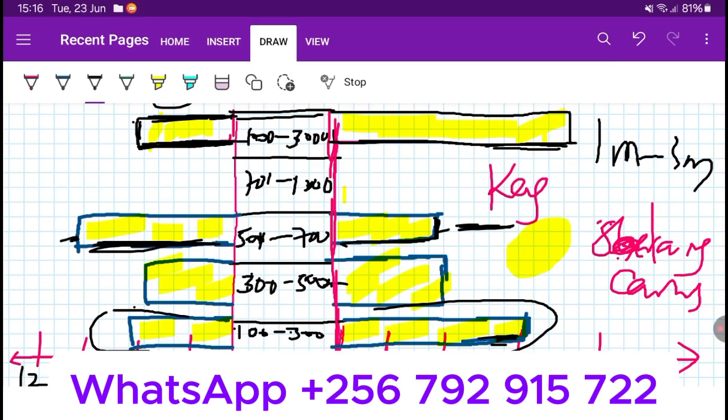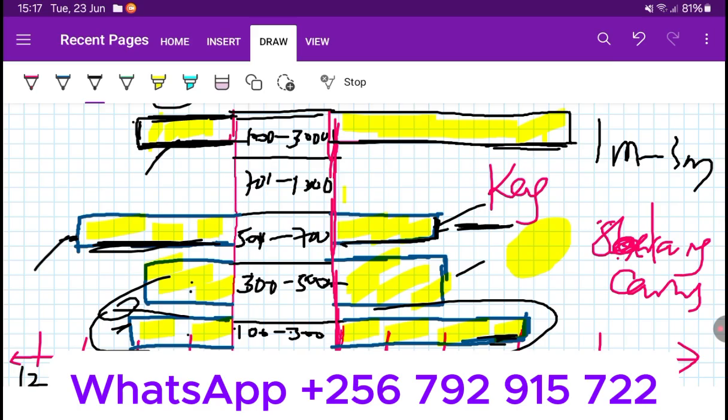But this one, and this one, they look almost the same. So this one is higher, and even this one is higher than both of these two.